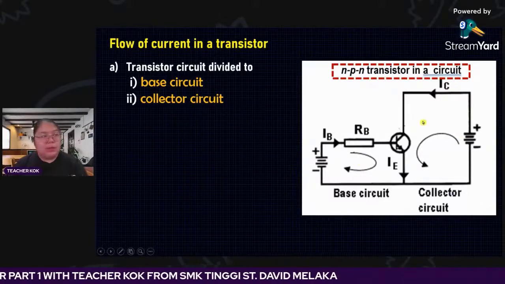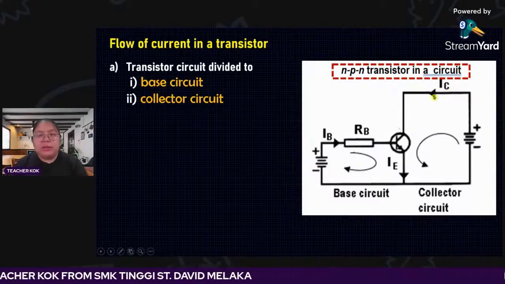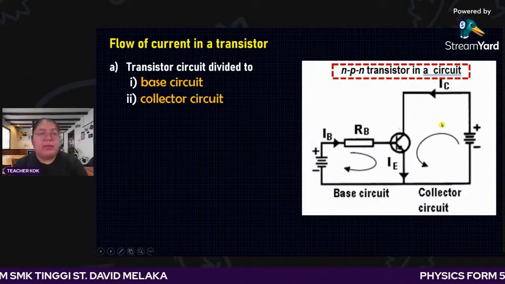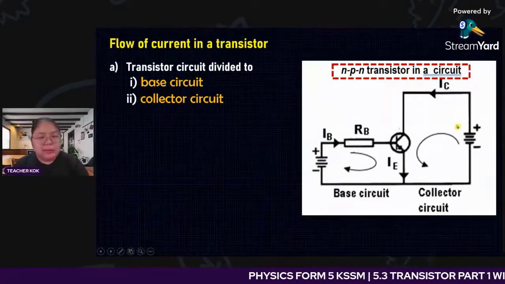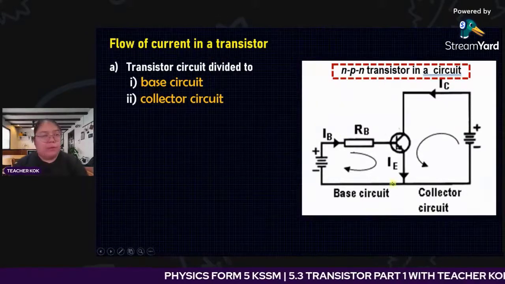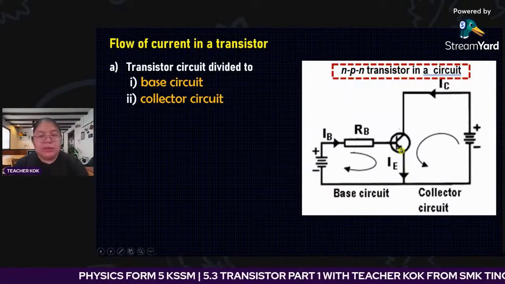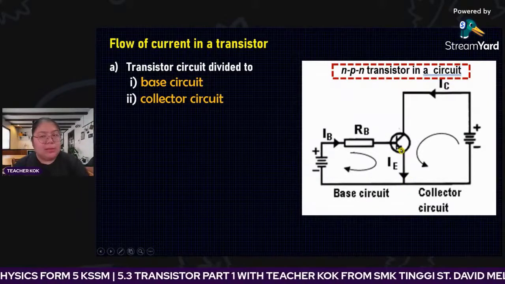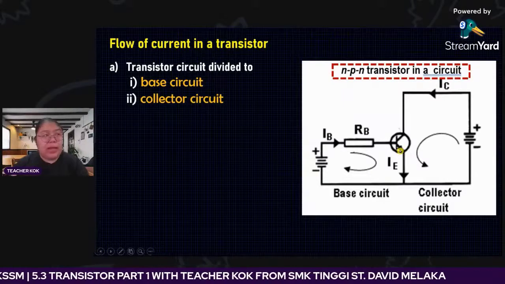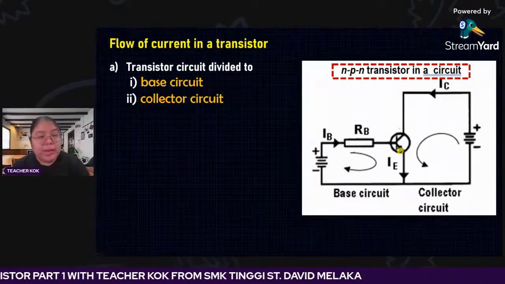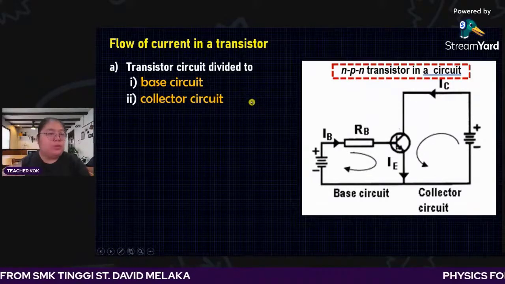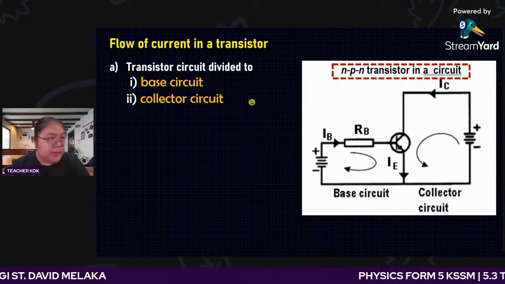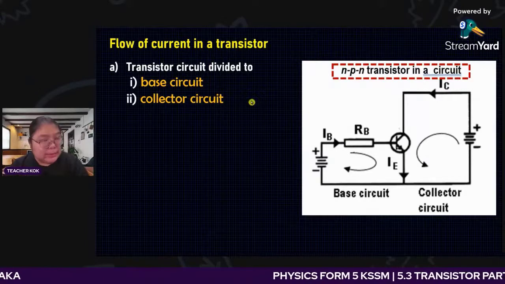The higher one, with the double battery, is the collector circuit. So we separate it into two: base circuit and collector circuit. Finally, everything comes up to the emitter. So this is an NPN transistor because the arrow points out. Never point in. So the transistor circuit is divided into two circuits: one is the base, another is the collector circuit.